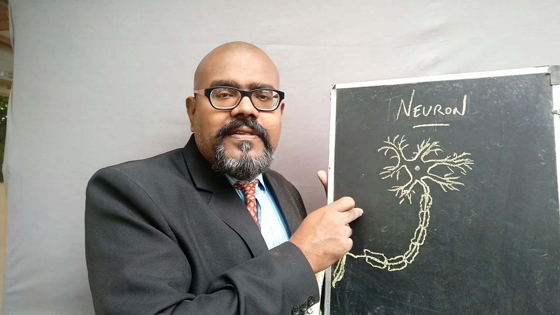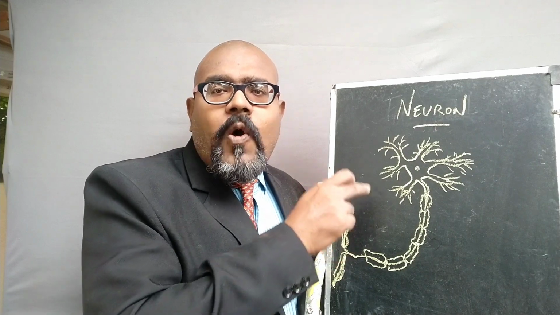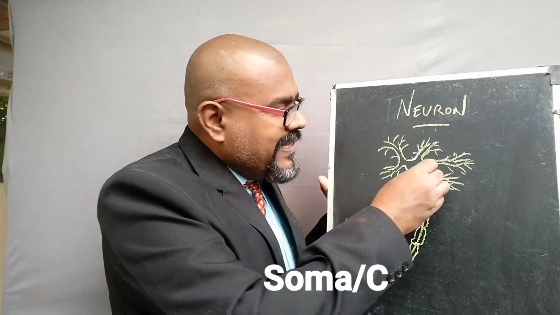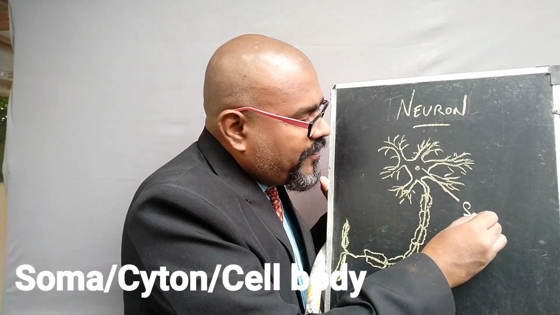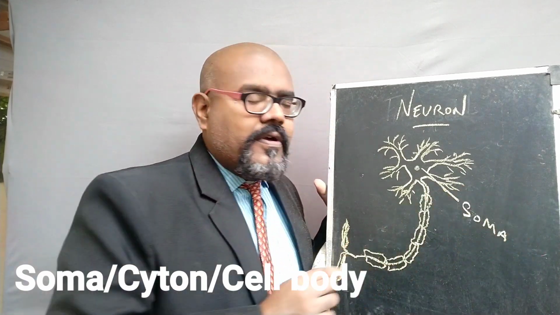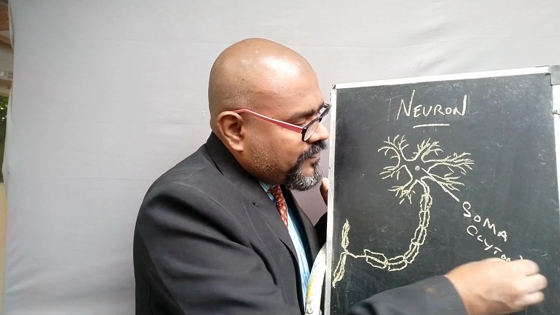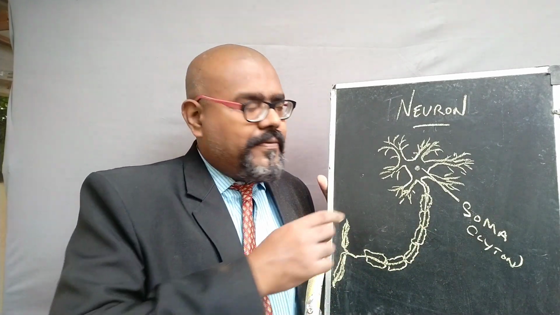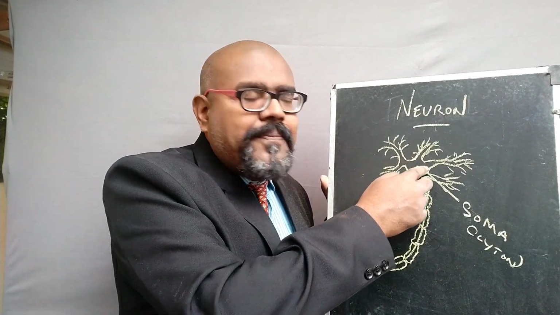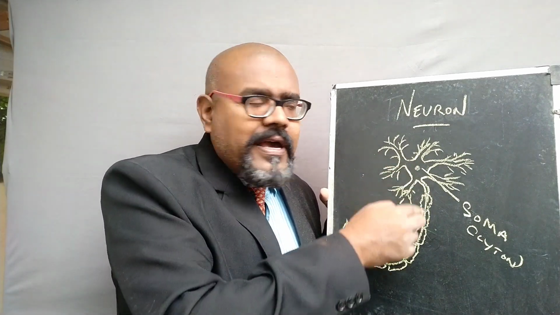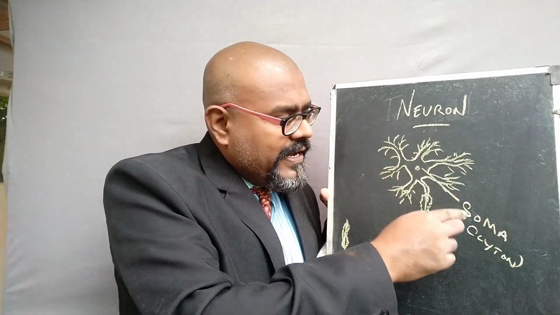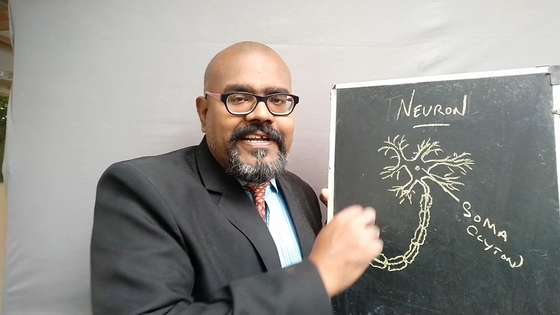See, this neuron has a compact region in the top part, which is called the soma or cyton. Remember, the head portion of this neuron is a compact region called the soma or cyton.